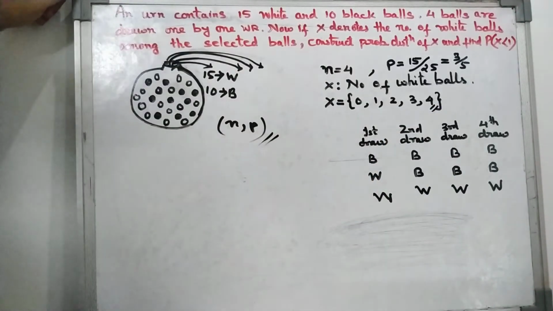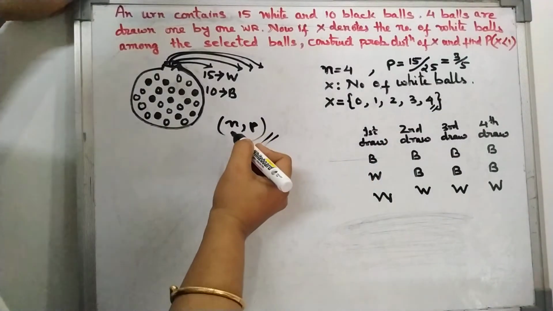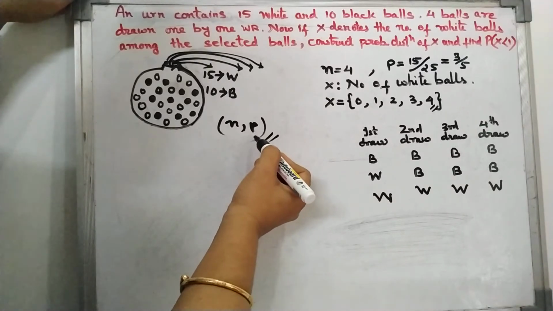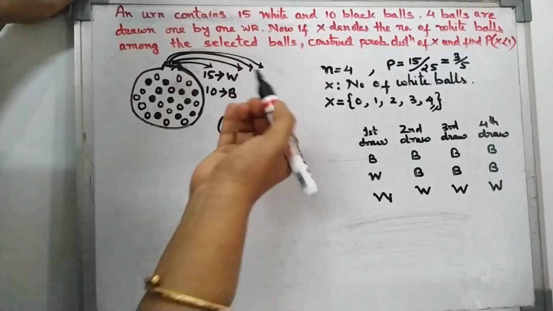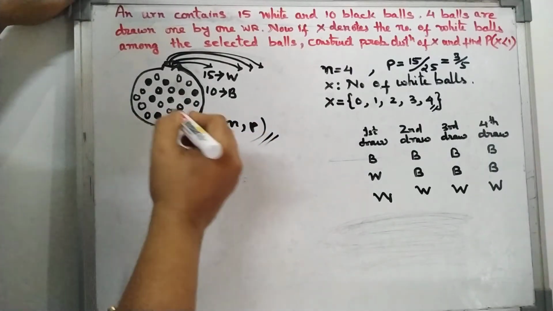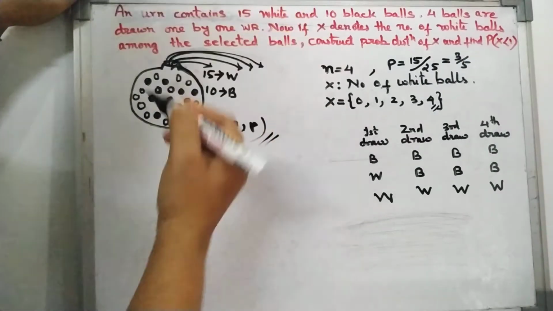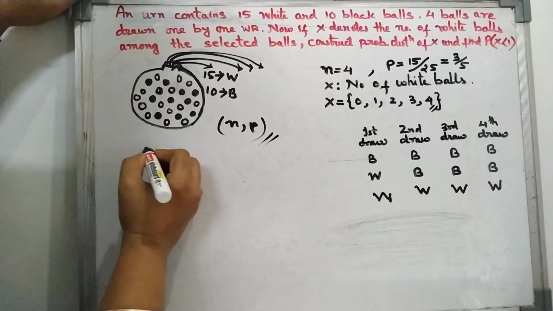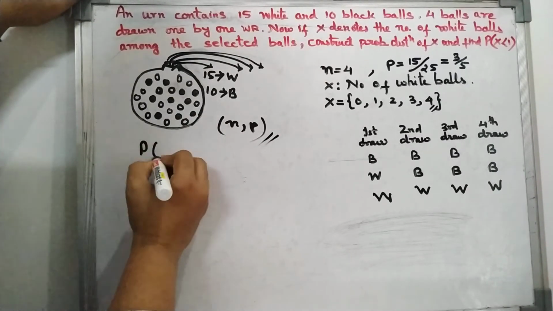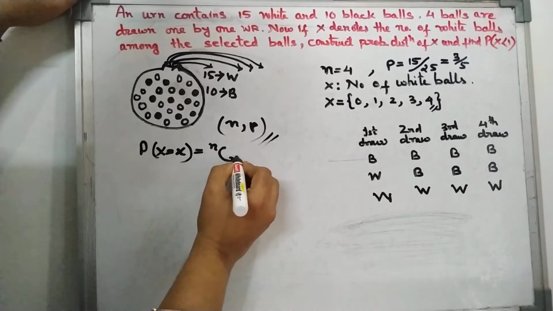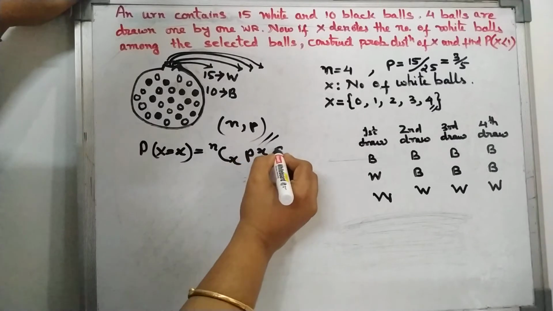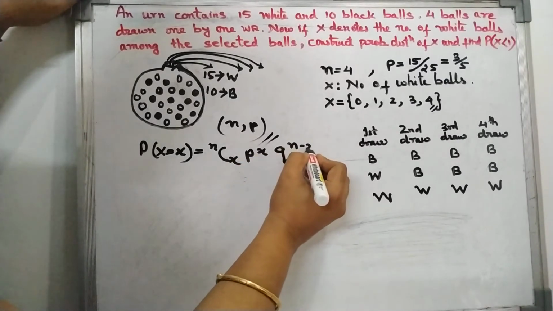Now these two things are here. We know that n is 4 and p is 3 by 5, so we can easily write the probability distribution function by using the binomial probability mass function, that is P of X equal to small x is equal to nCx p raised to the power x q raised to the power n minus x.